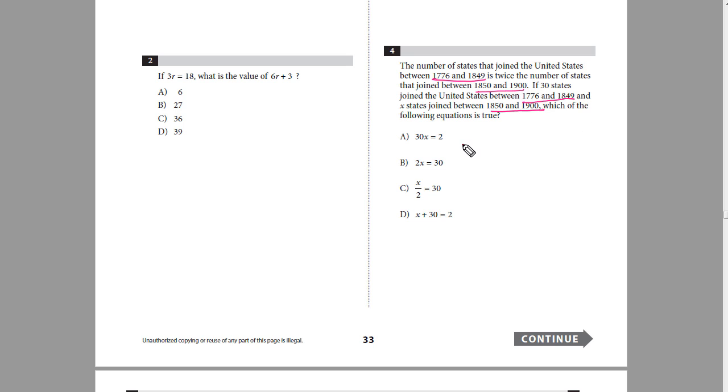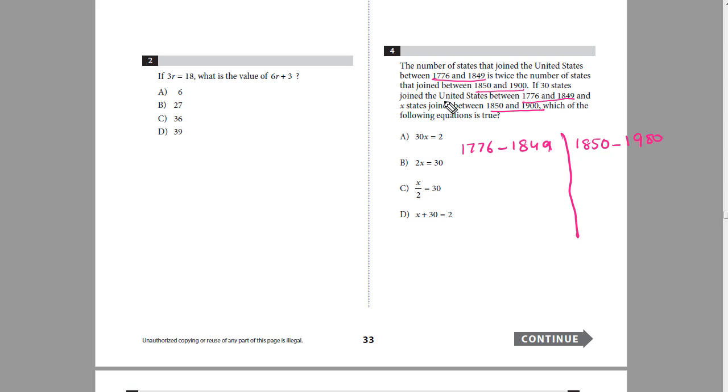So I'll write from 1776 to 1849 on one side, and on the other side I will write 1850 to 1900. Now it says 30 states.